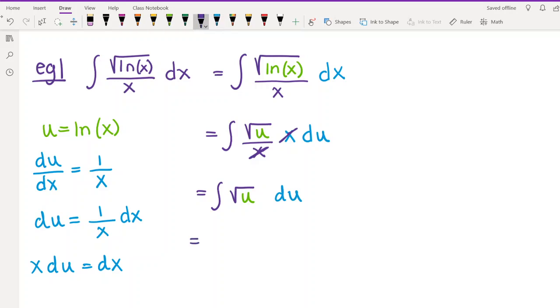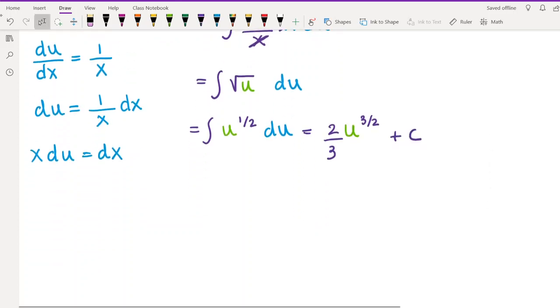So that's the same thing as u to the 1/2 du. And so that's going to give us u to the 3/2 is our new exponent times 2/3 plus c.